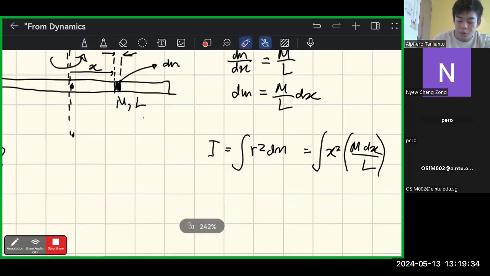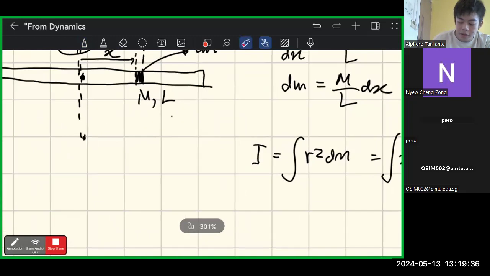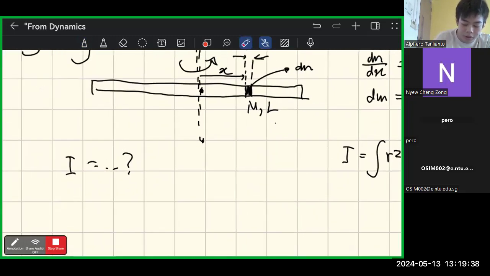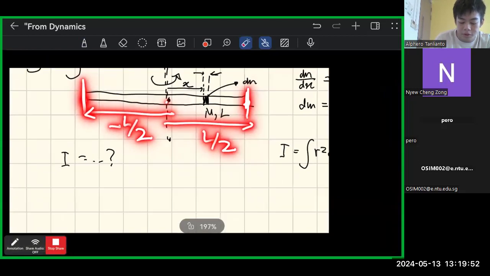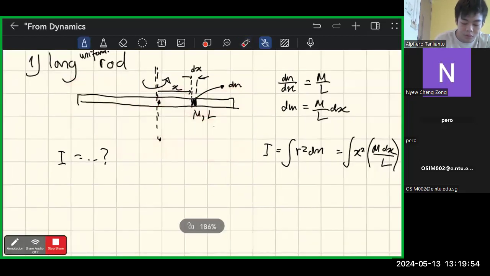But our integration starts from the left point, the start point, until the final point here. The start is x equals negative L over 2 until L over 2, because it's the full length of the rod.